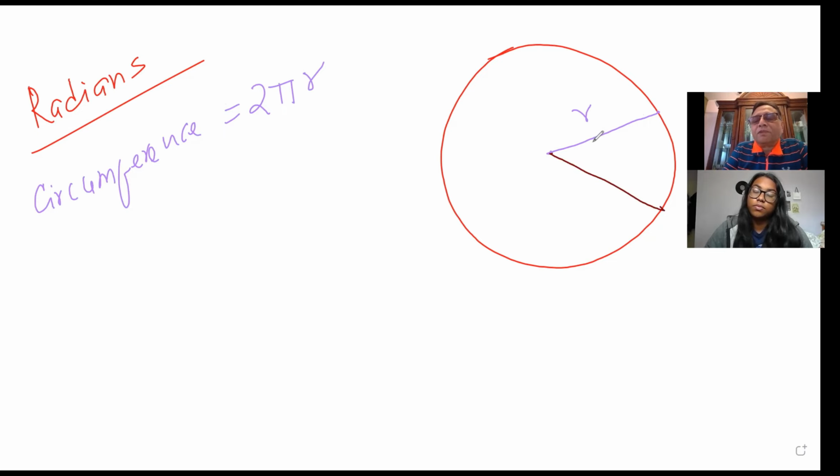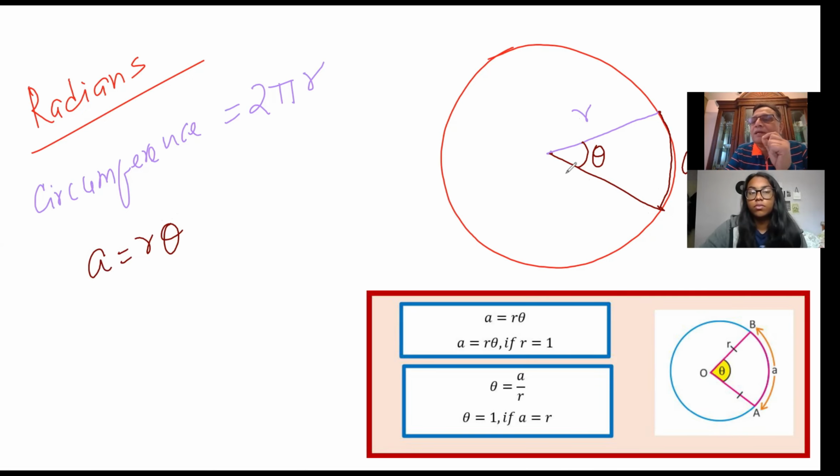Let us say that the angle here is theta, r is the radius, and this is called the arc length. Let us say this arc length is a. If the angle is in radians, in that case, a is the product of r and theta. If the angle is in radians, then the arc length is the product of radius and the angle which is made by the arc. We call this the angle subtended by the arc.